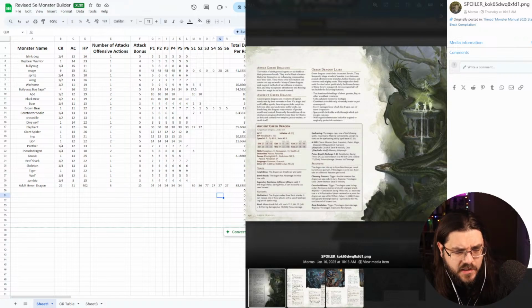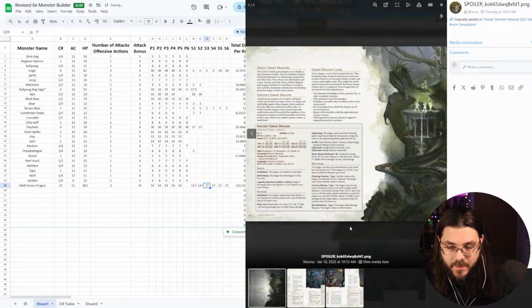So we want to add 27 times 3 of those. So that's another 81 damage on top of each of those, which is wretched. So 77 plus 81 is 158.